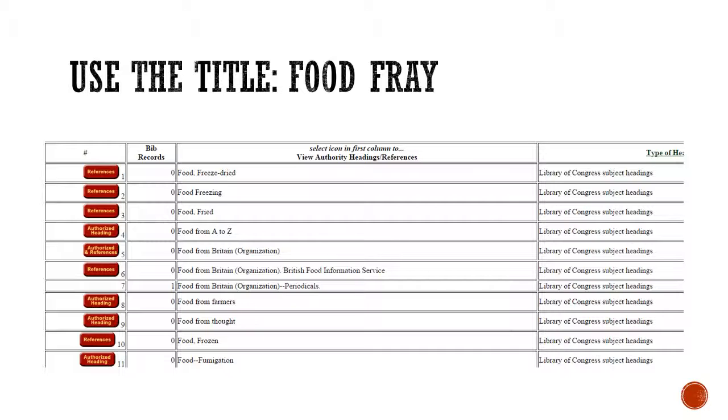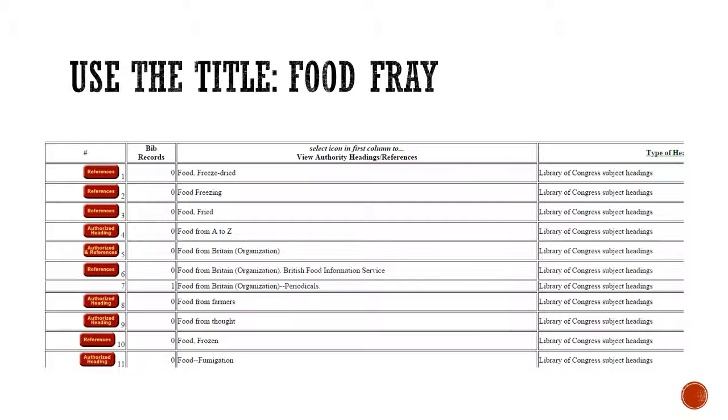So in the food list, remember I'm typing in food fray, so here's food, freeze dried, food freezing, food, fried. And notice that it says 0 that is described with this particular topic.